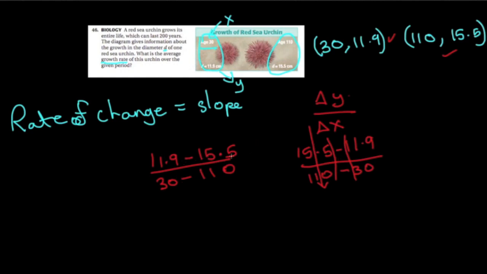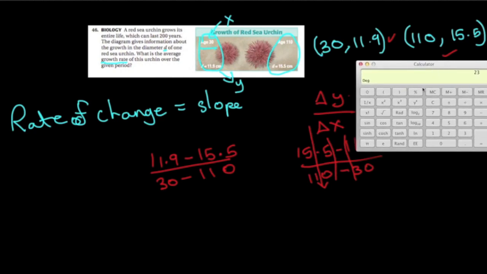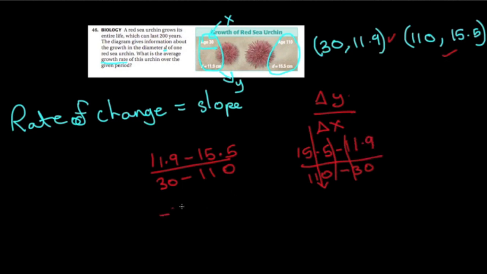So let's get out our calculator here. Let's calculate this. 11.9 minus 15.5 is negative 3.6. So that was one part of our fraction.